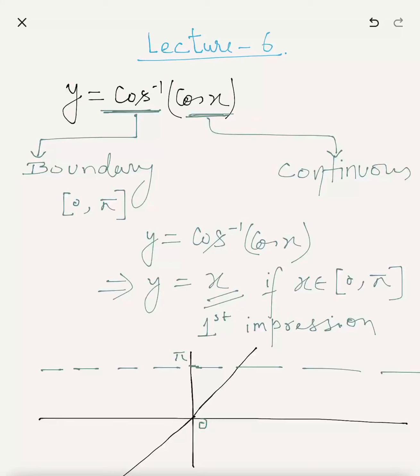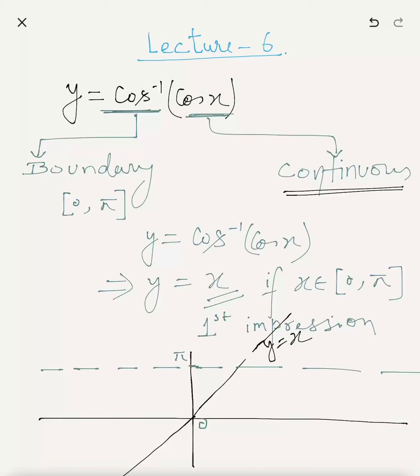And this is your line y equals to x. Since the function is continuous, look here, what we do in case of continuity, we will fold the graph at boundaries. So let us start folding the graph at boundaries.